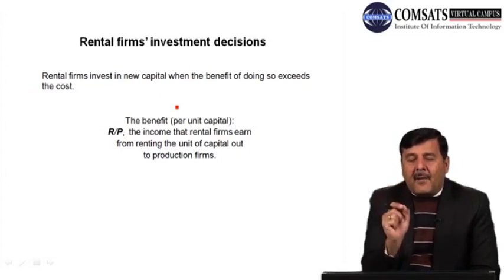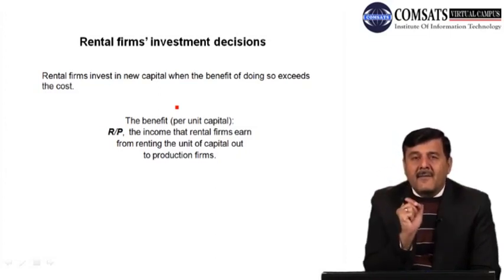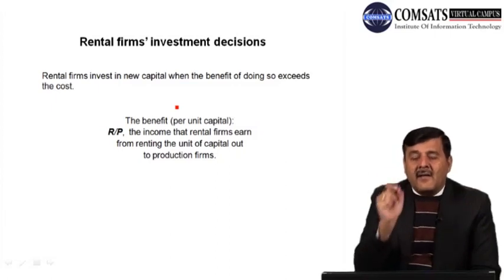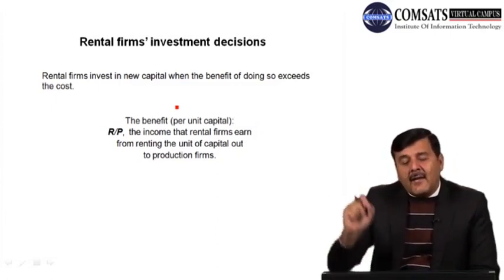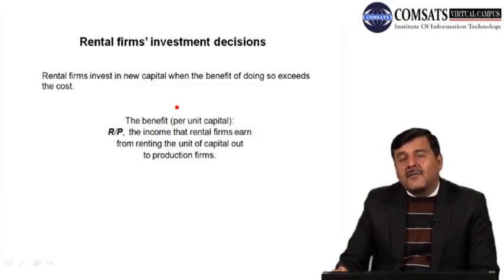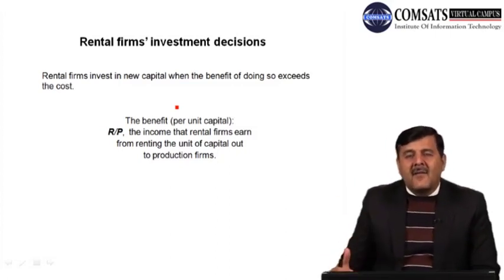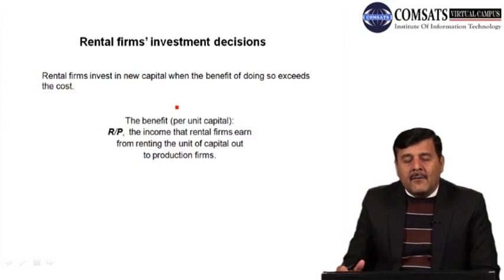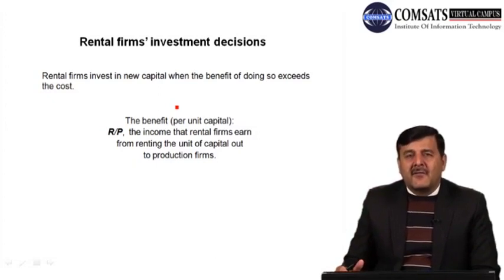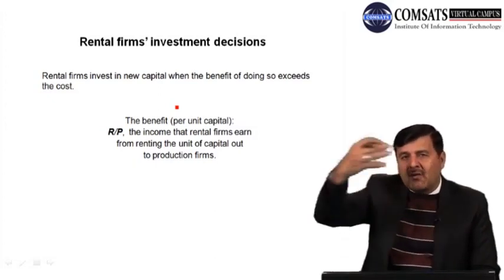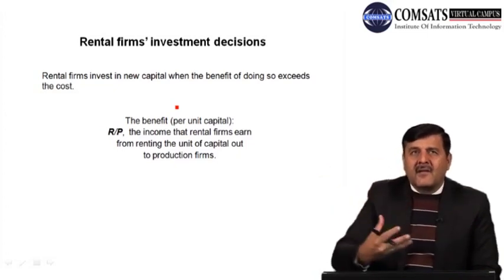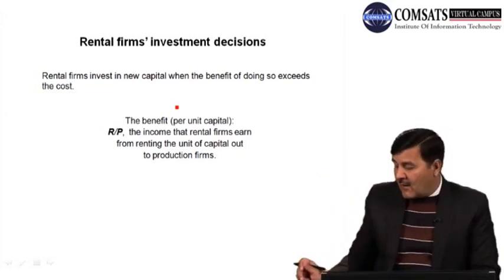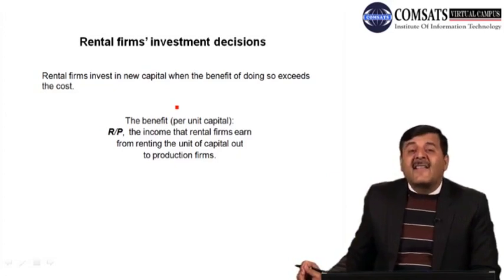That is the income that rental firms earn from lending the unit of capital to the production firm, right? So the real rental price, which is the price of capital, R over P, is the income that rental firms earn from lending the capital to the production firm. So production firm उस capital को use करती हैं, and in the process of production they produce goods and services in the economy. So the benefit is the real rental price of capital.